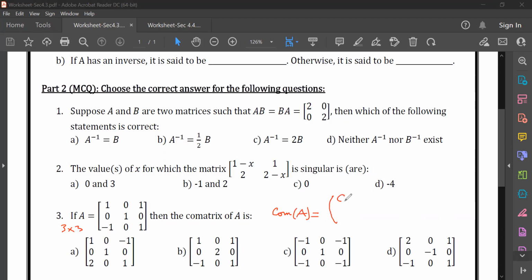And the elements are the cofactors of the matrix: C11, C12, C13, C21, C22, C23, C31, C32, C33.